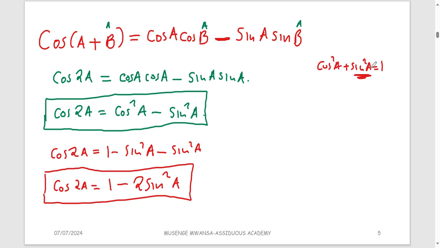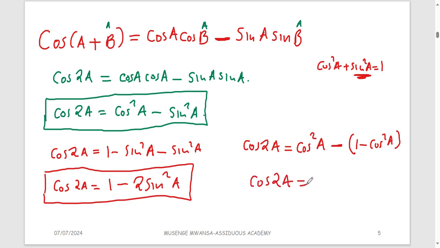So it would have become 1 minus cos squared A. So I would have said cos 2A is equal to cos squared A minus, where there is sin squared A, 1 minus cos squared A. And so this will end up giving us cos 2A being equal to, if I distribute this negative, it will be negative 1, and negative times negative cos squared will be positive cos squared.